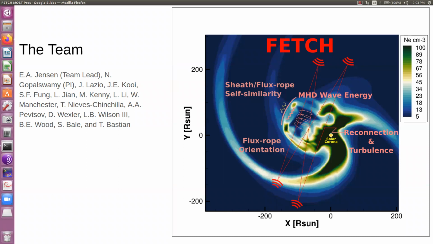So first of all, I'm going to focus on coronal mass ejections. There are certain aspects of this instrument that we are capable of measuring, and coronal mass ejections really encapsulate a lot of these different kind of phenomena that we're interested in.